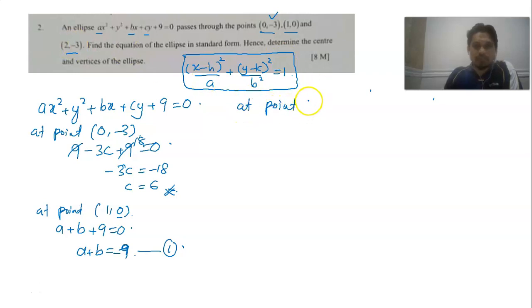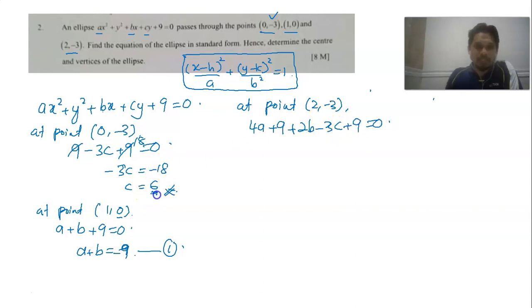And then at the point of 2 and negative 3. So x equal to 2, 2 squared equal to 4 times a, so 4a. For a, negative 3 squared equal to 9. For b, b times x equal to 2b. Negative 3 times c, minus 3c, plus 9 equal to 0.